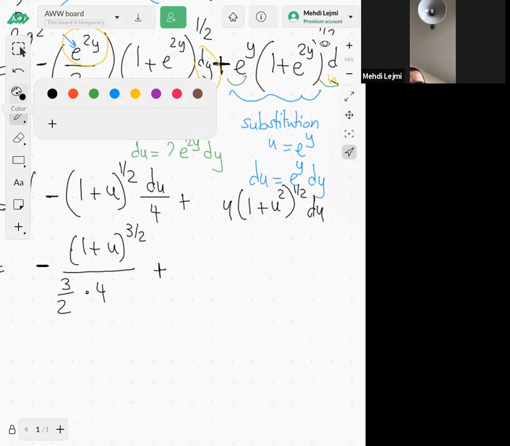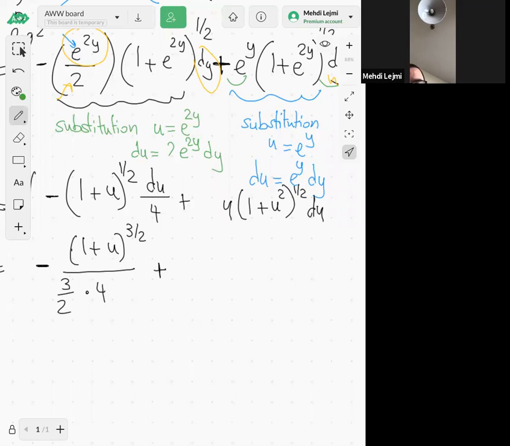You see what I'm saying, guys? Here substitution, probably it would be easier if we take 1 plus e to the 2y instead of e to the 2y. But in both cases it works, right?